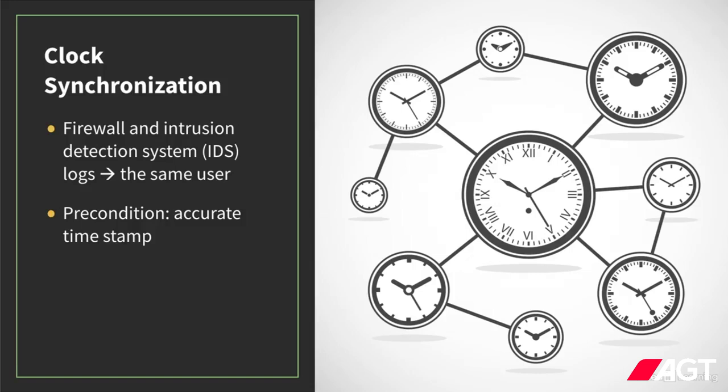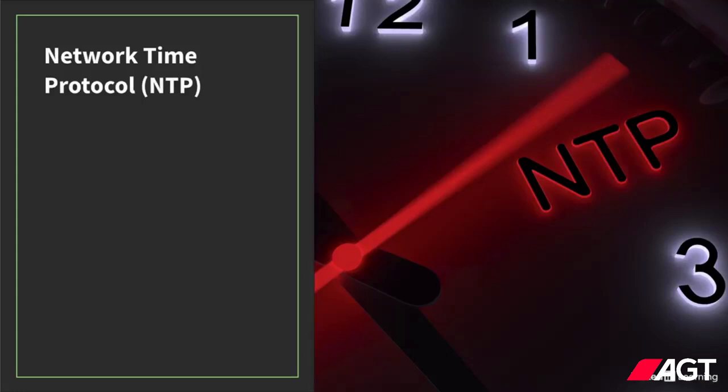It's impossible to correlate an event on one device to another without proper synchronization. Network Time Protocol, or NTP, is a widespread mechanism for automating clock synchronization. Devices connect to an NTP server or its peers to set their clocks periodically.